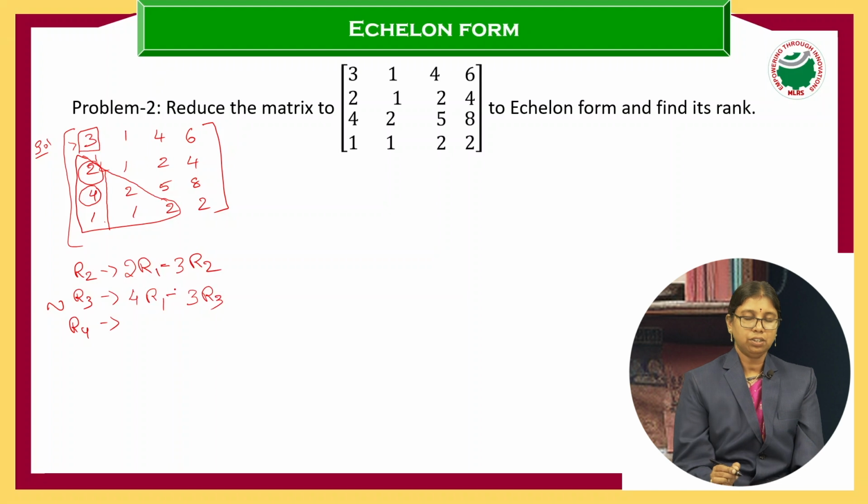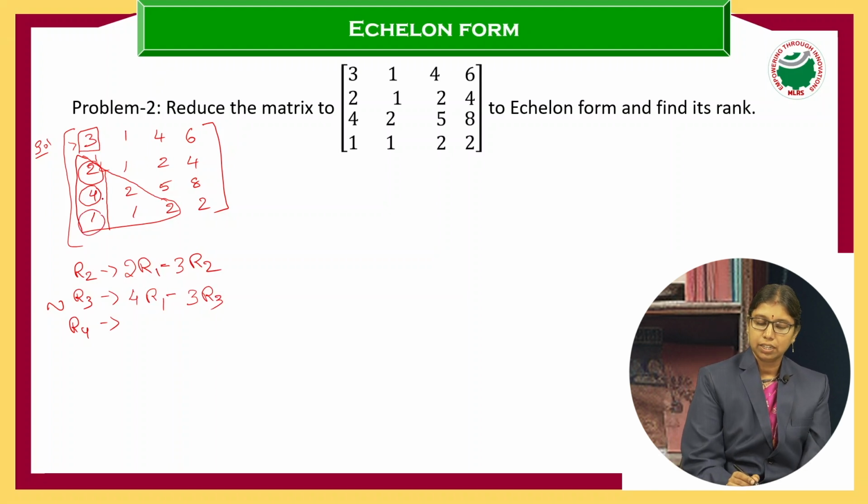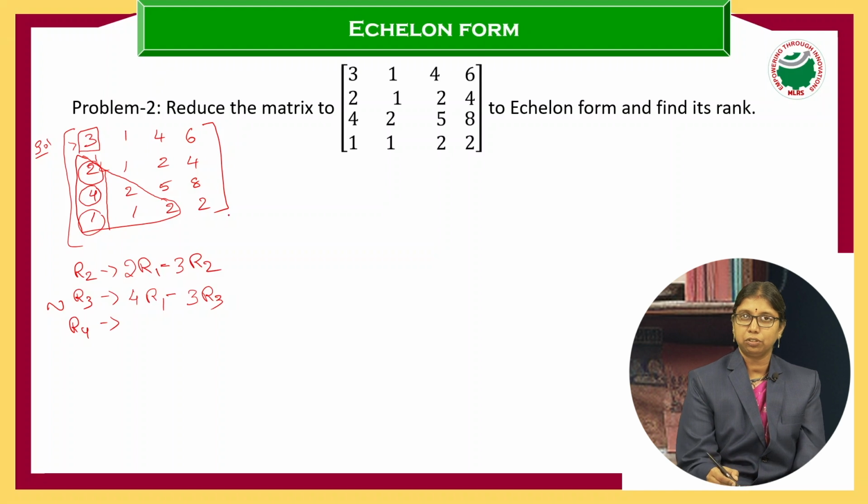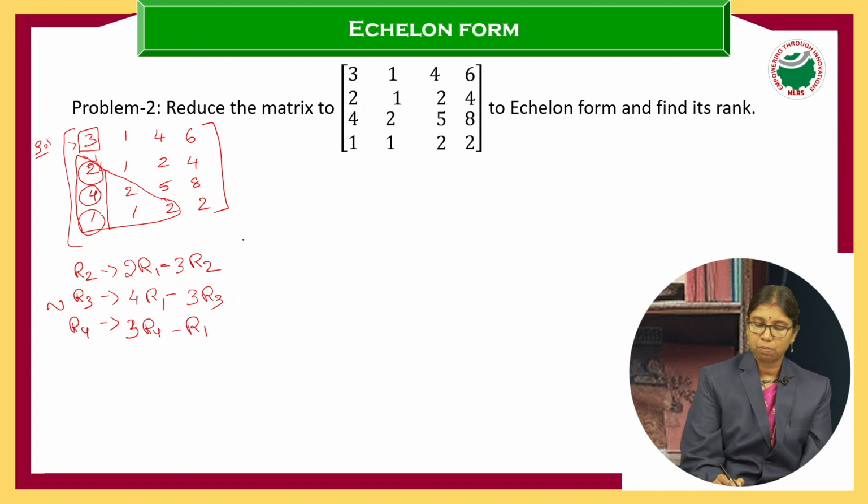Then by subtracting, you will get the same value. Next, in R4, the corresponding value in the first row is 3. If you get 3 here, then 3 minus 3, you will get 0. That means you have to multiply the total fourth row with 3 and subtract R1. So, 3R4 minus R1. These are your row operations.